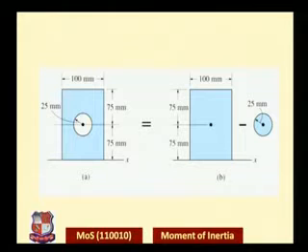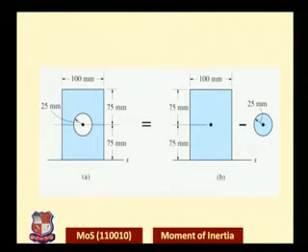So what we can do here, the reference axis is directly given to us. First of all, find out the MI of the rectangular section on the x-axis. Also find the MI of the circular element on the x-axis and simply subtract this value.